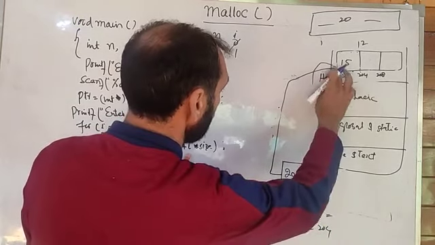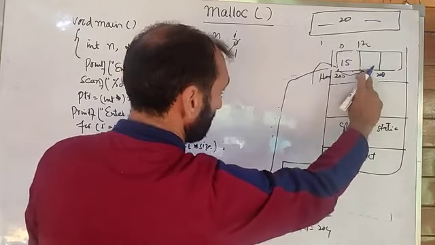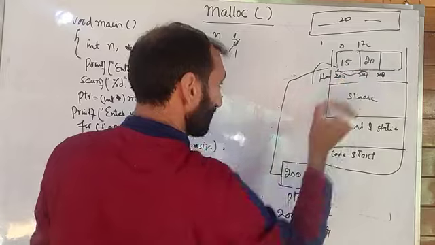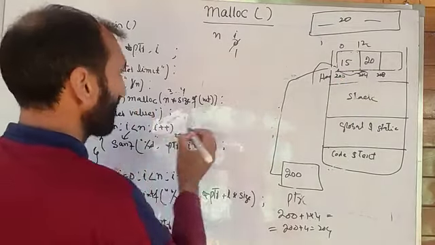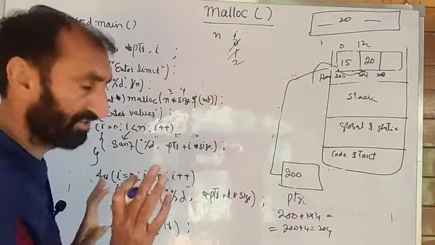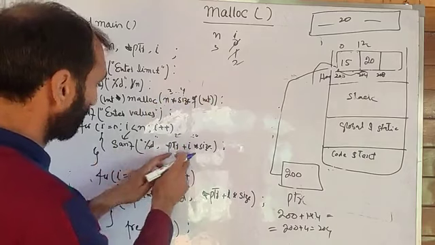Now the pointer will point to the next location, this location, 204. And for example, here I am storing 20. Now i plus plus, it will become 2. i is less than n, yes, 2 is less than n. The condition is true because n is 3 at the moment. Second argument: ptr.